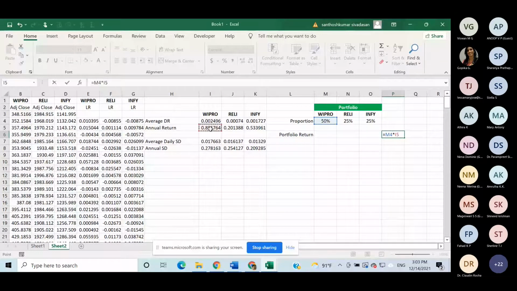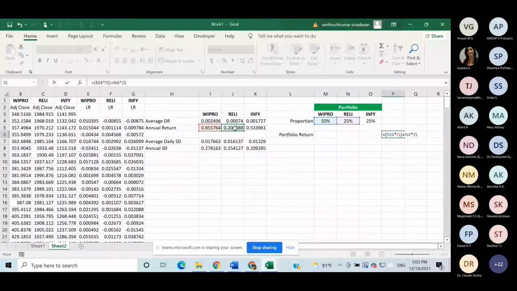So you can put it in a bracket. Plus this 25 into this return.